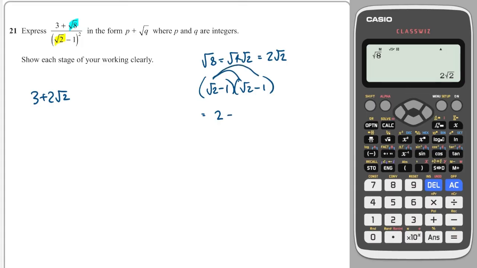Root 2 times minus 1 is minus root 2, and minus 1 times root 2 is again minus root 2. And then minus 1 times minus 1 is plus 1. So this is going to give me 3 are the rational numbers, and we've got 2 negative root 2's, so negative 2 root 2. So that is on the bottom, so 3 negative 2 root 2.